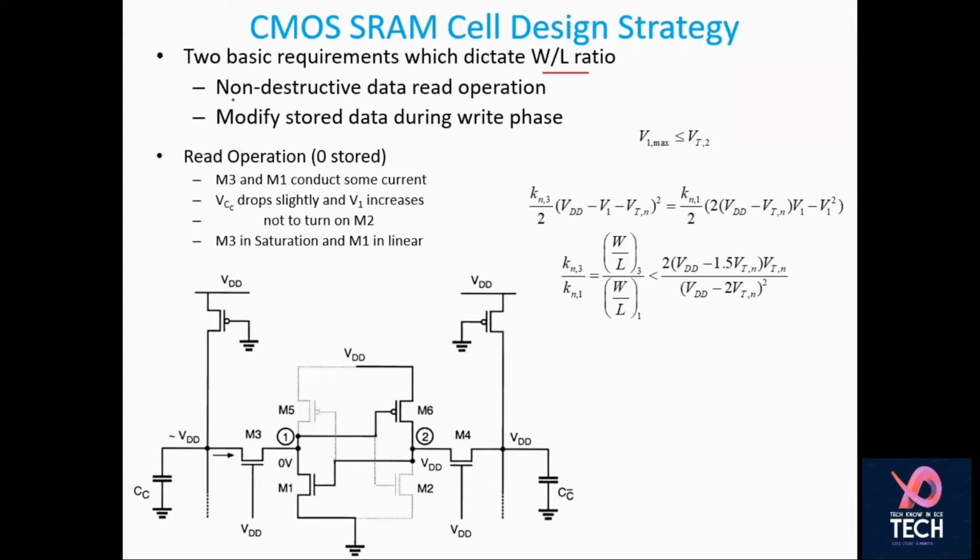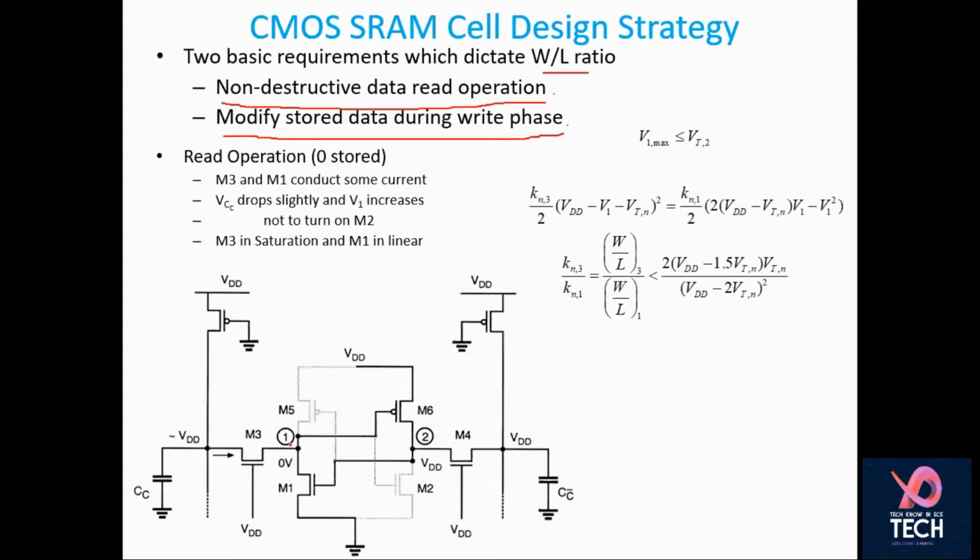And what is the reason for keeping an eye on your W/L ratio? That is the non-destructive data read operation: while you are reading the data, the contents of the nodes should not be altered. Another very important thing is that when you are writing, you must be able to modify the stored data during the write phase.